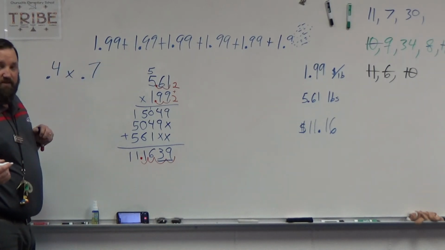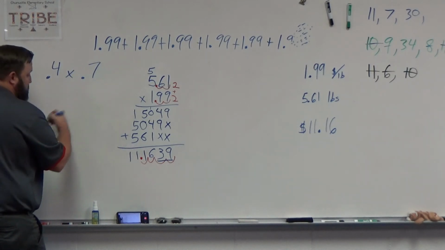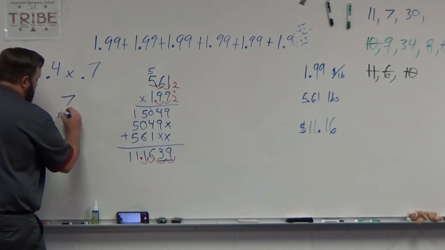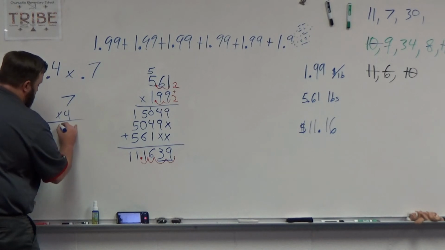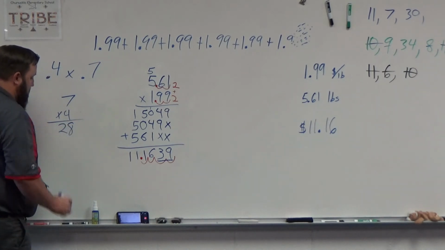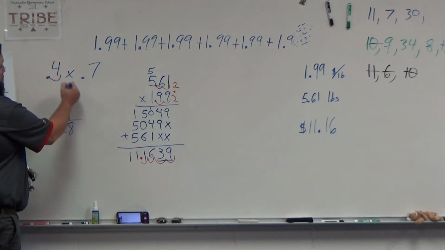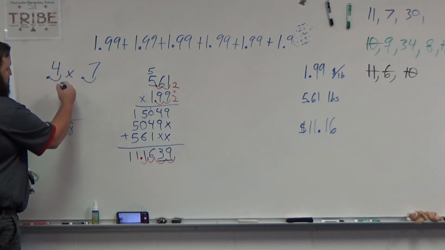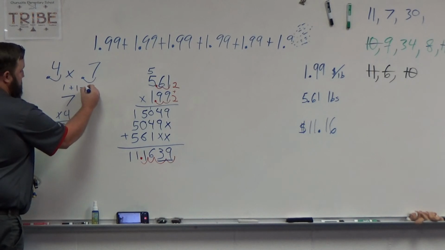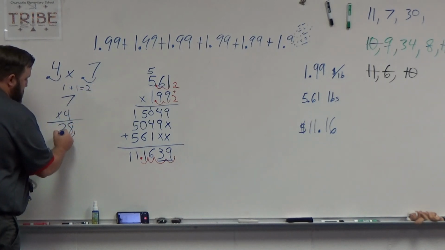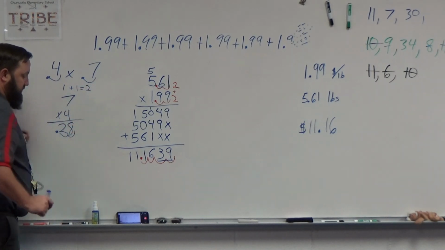If we set this up, forget about the decimals until the end. It's 7 times 4, guys. 7 times 4 is 28. If I go back and count my decimals, 1 and 1, 1 plus 1 is 2. My answer is 0.28.